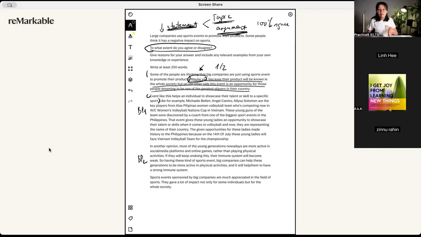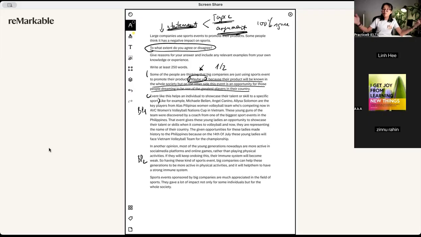Is this sentence appropriate? No, because does it have anything to do with large companies promoting their products at sports events? No, right? It is about the chance that sports people have when they attend these events.